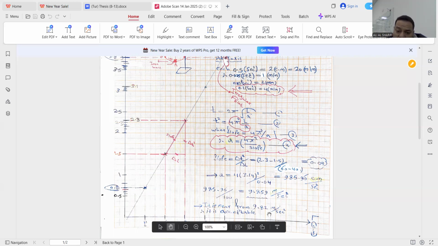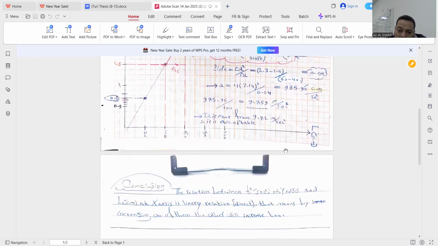And this unit came from these two sides: the second squared from the time period squared, and meter or centimeter from L, the length of the pendulum.